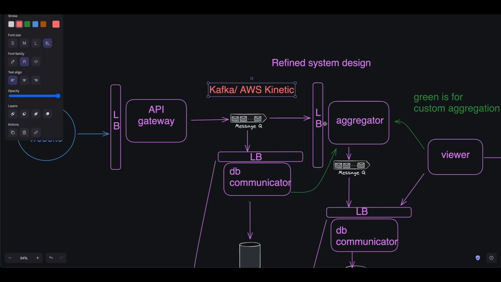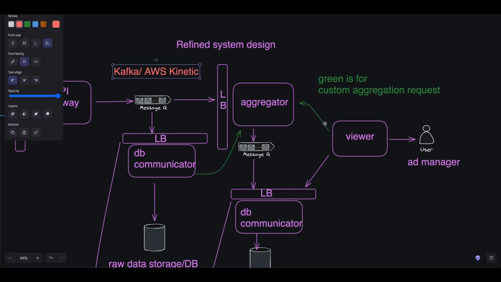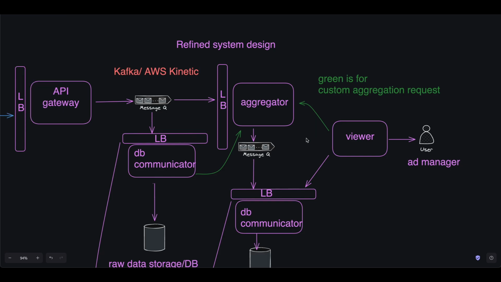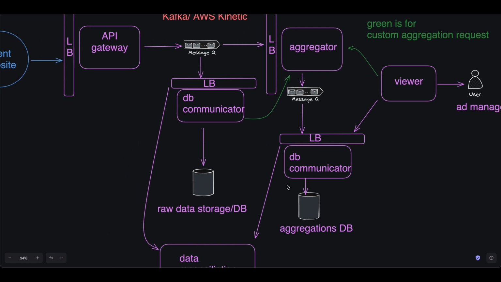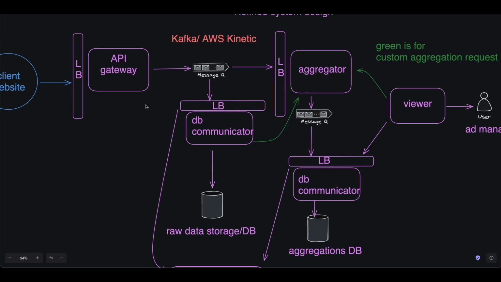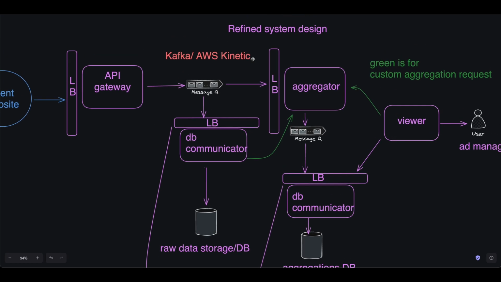So for now we'll focus on the part with offloading to data storages. Basically, we could remove this flow from the messaging queue to the aggregator if we did not need near real-time aggregation results. But in our case we need it, and this requires us to create this double passage, two passes.